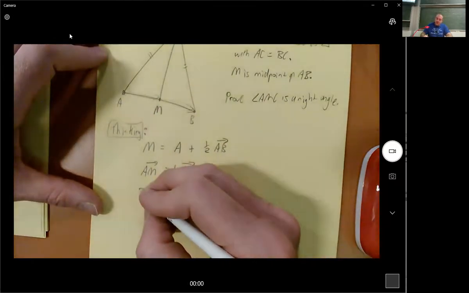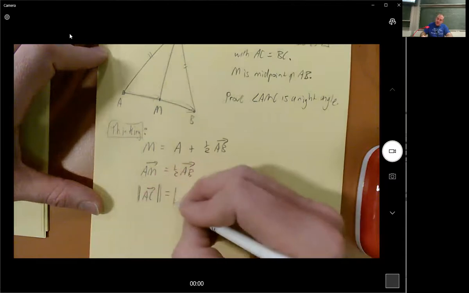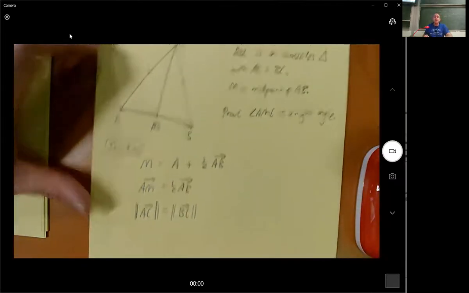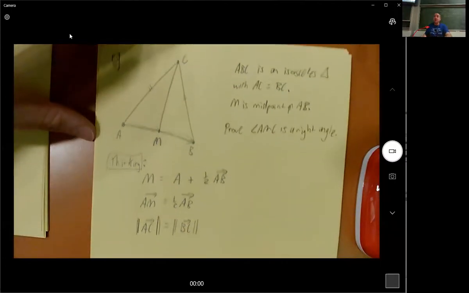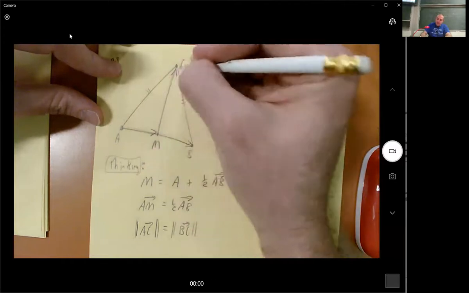Okay, I know that the length of the vector AC is the same as the length of the vector BC, because I was told that. And the other thing I know is that journeys can be added together if they're done head to tail. I know that AM plus MC is the same as AC.